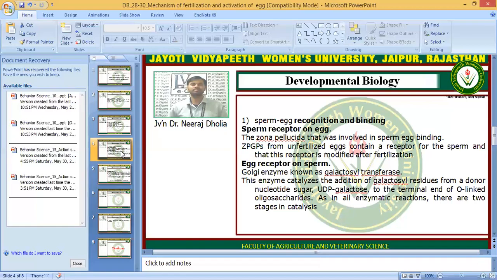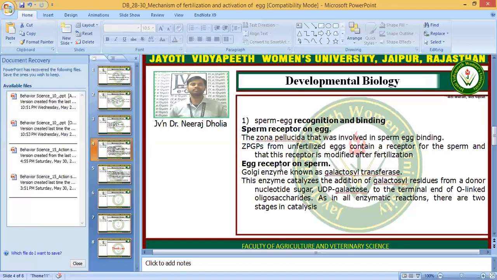The zona pellucida is involved in sperm-egg binding. The zona pellucida glycoproteins, which are found in unfertilized eggs, contain a receptor for sperm, and this receptor is modified after fertilization.